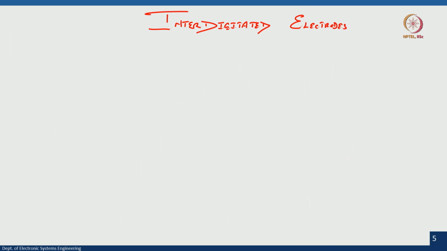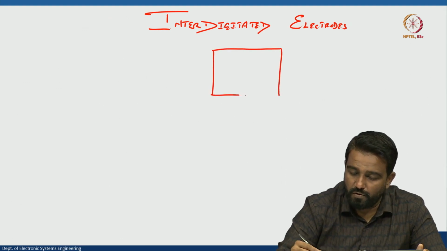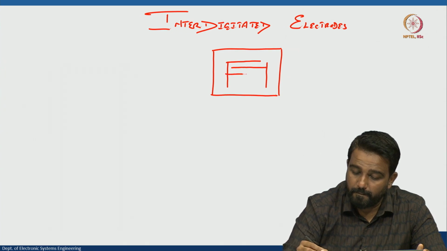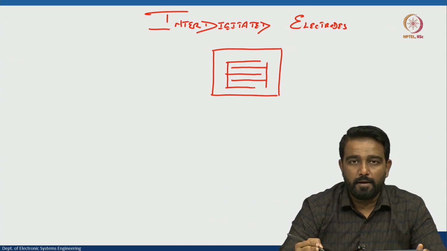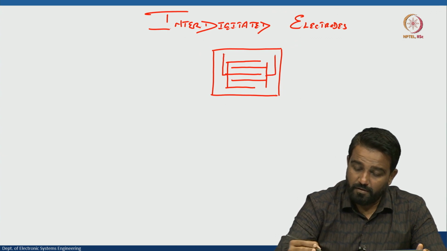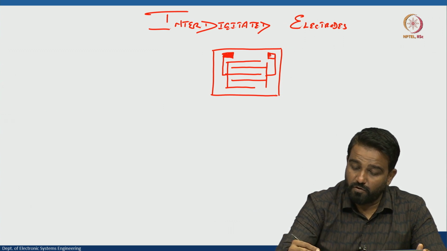So, if I just show you the top view, it should look like this, right, and we should have some contact pads. So, let us have contact pads. So, this is the structure we want to pattern.